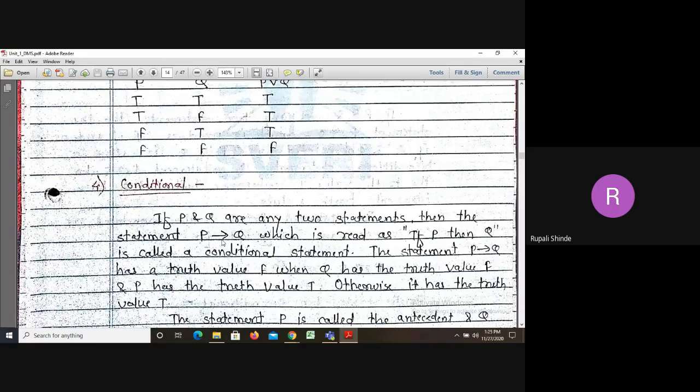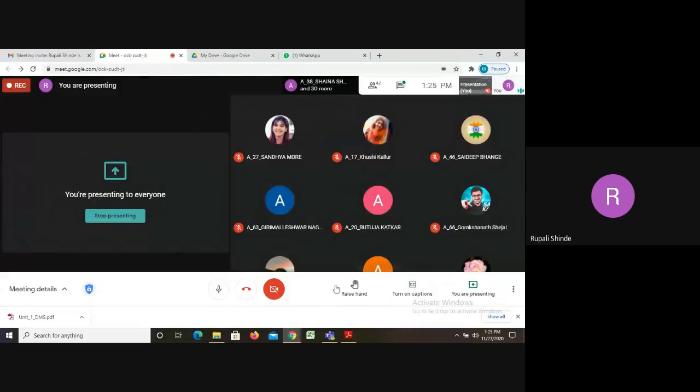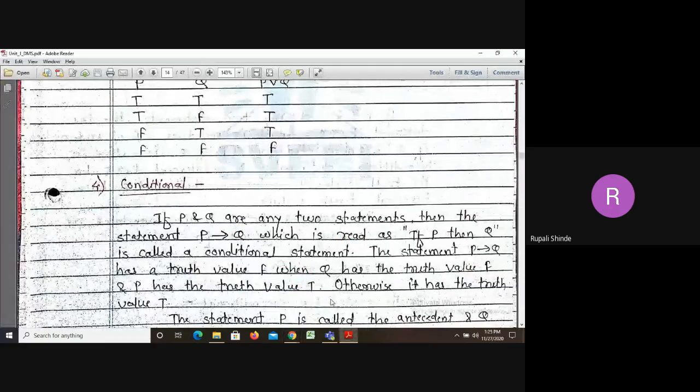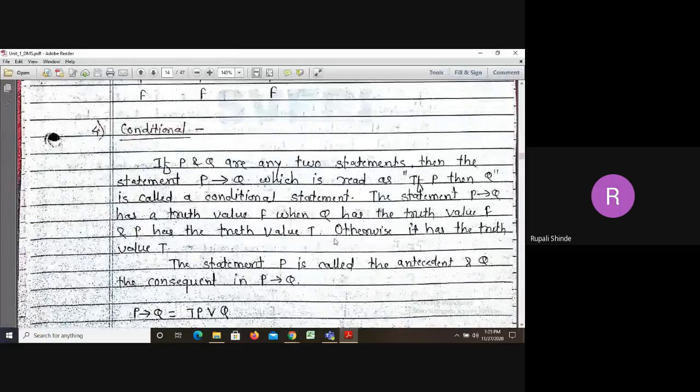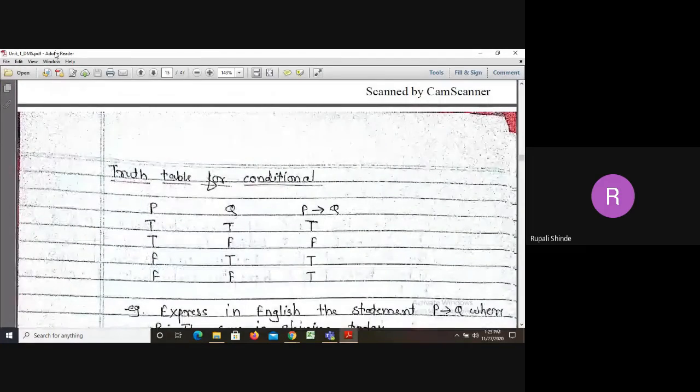If P then Q. Then this statement P conditional Q has truth value F when Q has truth value F and P has truth value T. And for the rest of the combinations, its truth value is T only. In short, for this conditional operator, if the values of P and Q are like TF, then only the final value is F. And for the rest of the combinations, it is T.